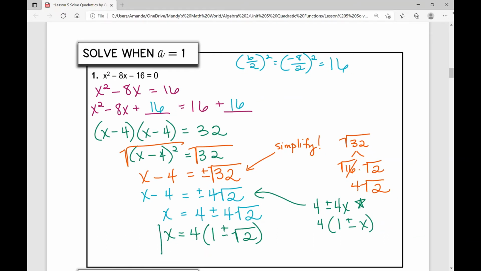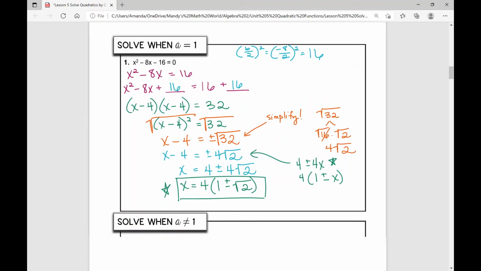X equals 4 times 1 plus or minus the square root of 2. And because you have that plus or minus, you have two answers, right? You have 4 times 1 plus the square root of 2, or 4 times 1 minus the square root of 2. But this is how you would write your answer as the simplified square root.